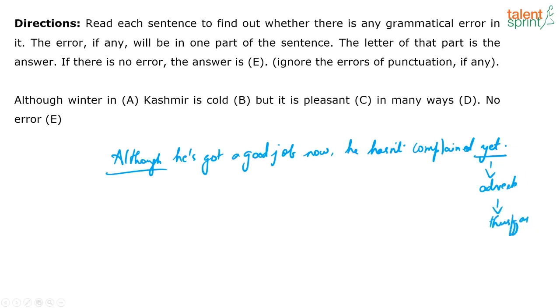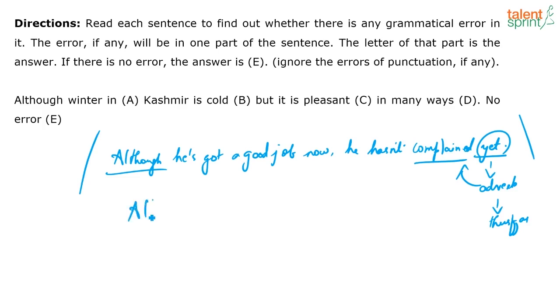Although he's got a good job now, he hasn't complained yet, meaning you never know when he'll complain. Not yet, it hasn't happened. So far, everything is good. So yet here is acting like an adverb modifying the action word complain. In that sense, yes, I can have although and yet in the same context. But if it is giving me the same contradictory meaning, then I cannot have although and yet in the context.